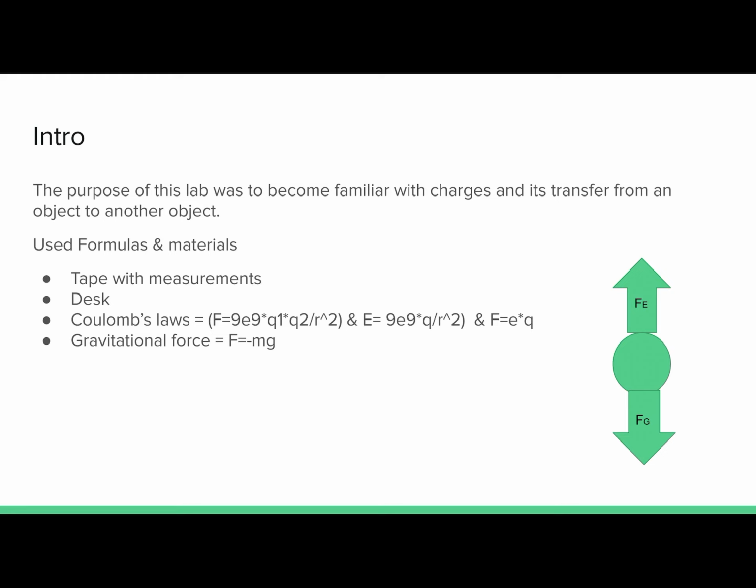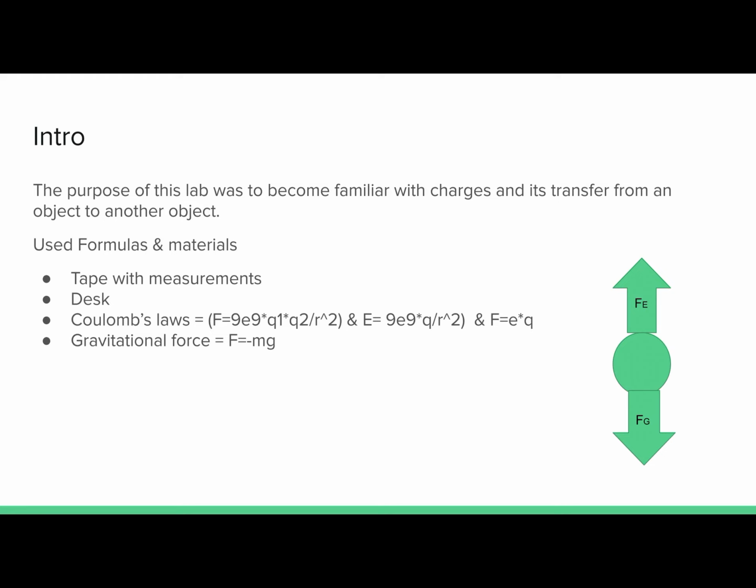The formulas I used were Coulomb's law, which is the force is equal to 9 times 10 to the power of 9 times charge 1 times charge 2 divided by the distance squared. At the same time I also had the electric field, which is the same, just remove one of the charges.